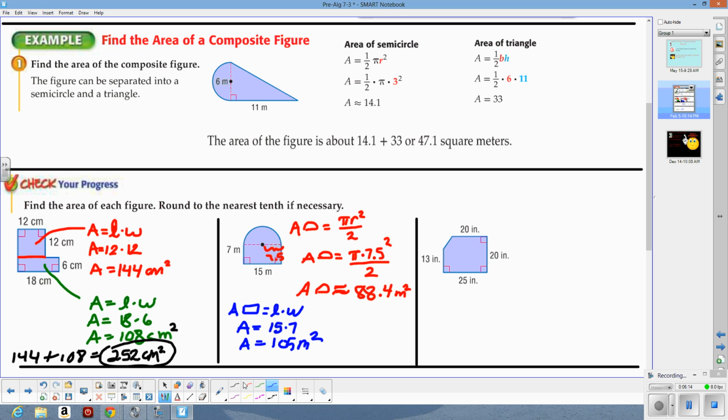Now the area of the composite figure would be to put these two together. So 88.4 plus 105. That's going to equal 193 and 4/10 meters squared.